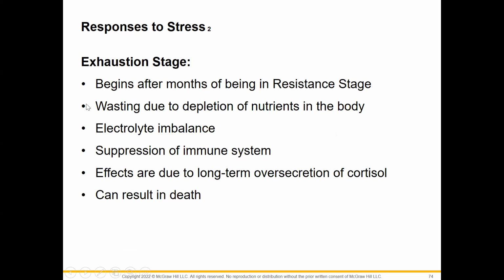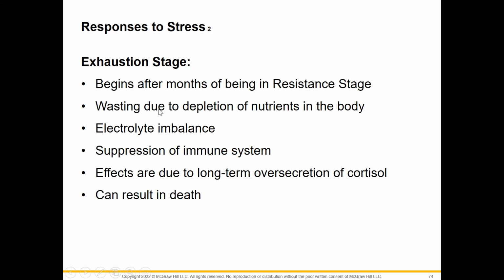People who are highly stressed for long times may start to lose weight, or their muscles start to decrease in size, because you're burning through the nutrients needed to help you get out of danger. You're using it a lot to help you run your fight or flight mode.